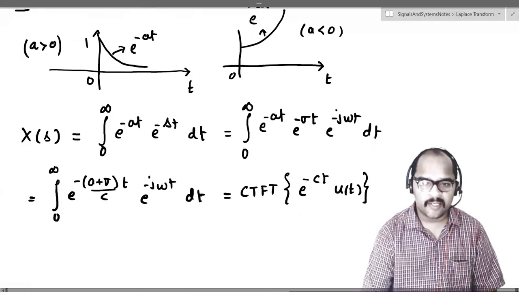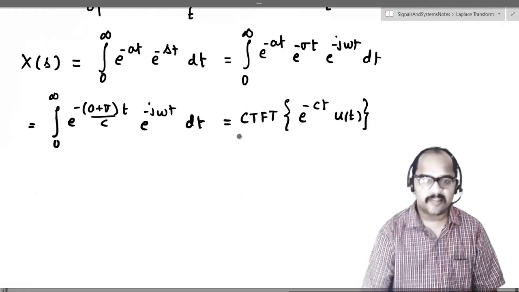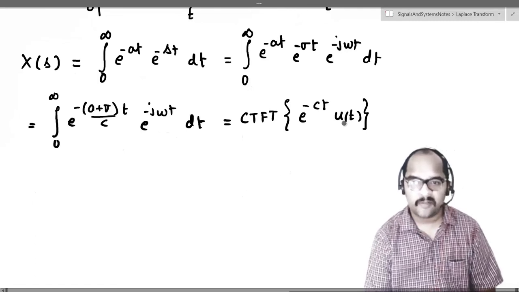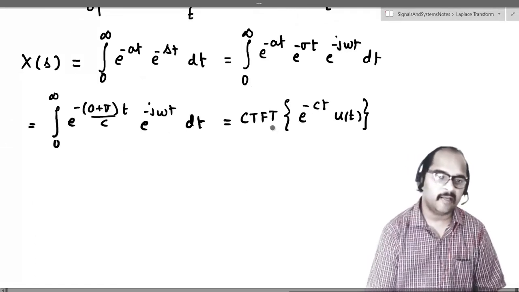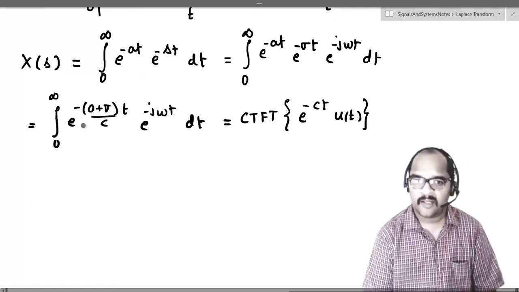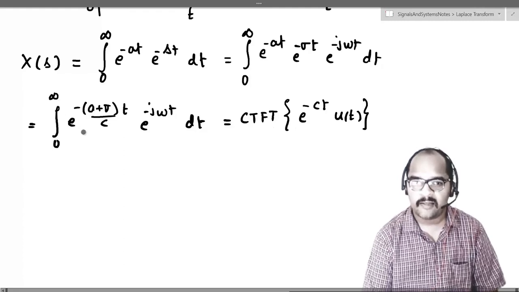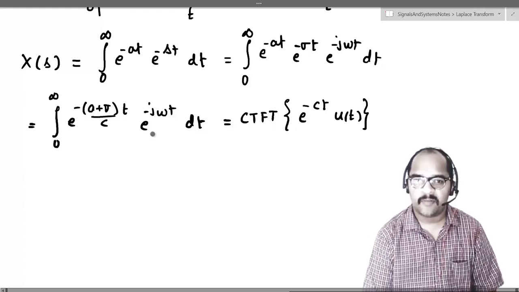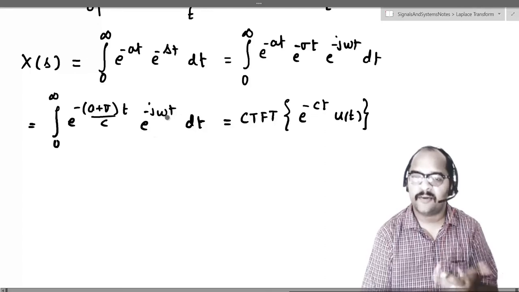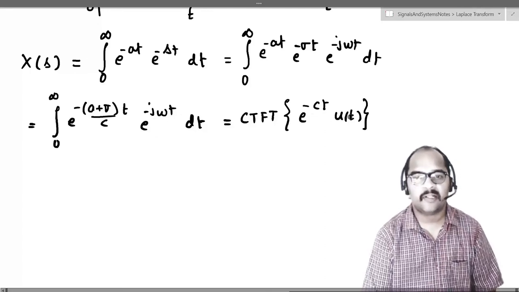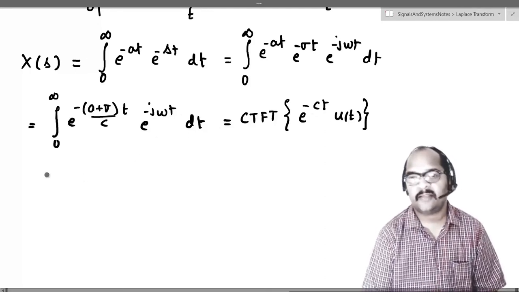That fellow is looking like the CTFT of e power minus ct u of t. Everybody okay with that? Correct, it is looking like integral 0 to infinity e power minus ct e power minus j omega t dt. What is that? It is the Fourier transform of e power minus ct u of t.